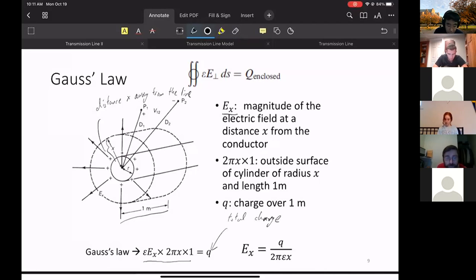In other words, if you draw the cylinder, this is the surface I want to look at.